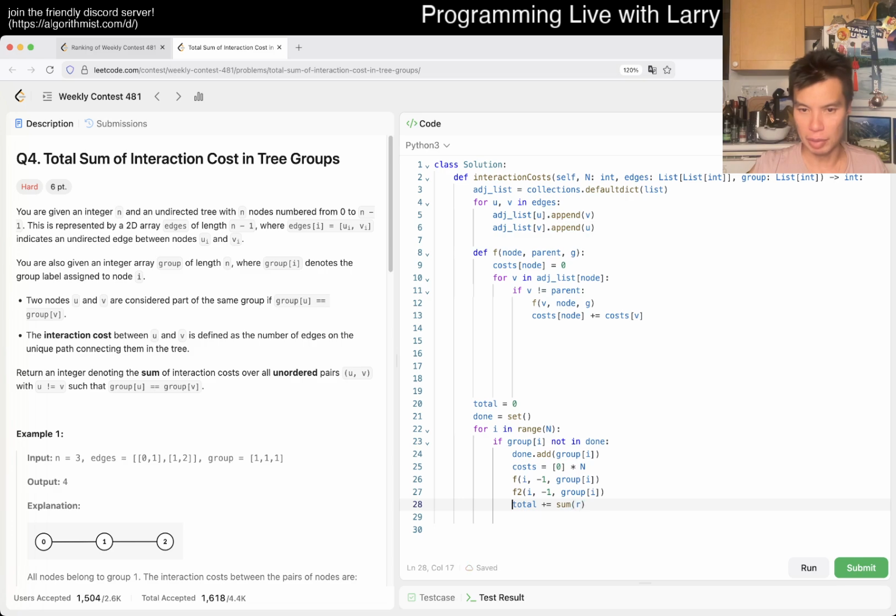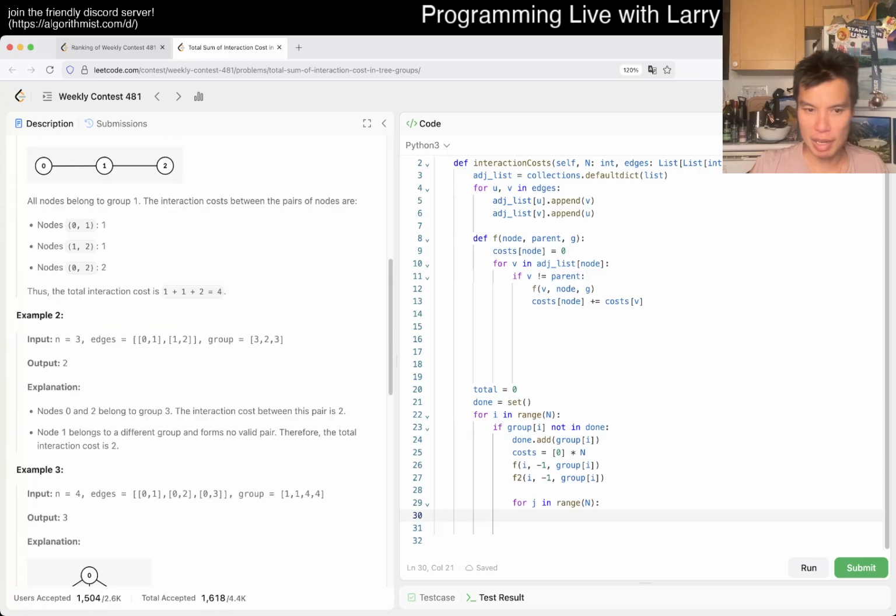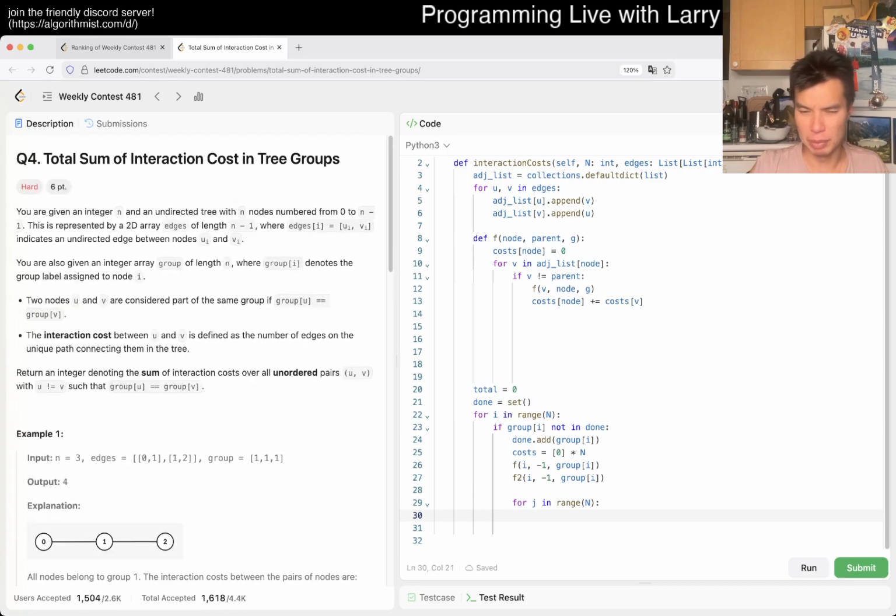This is not going to be right. There are optimizations I can make here, but I don't want to prematurely do it. It should be fine.